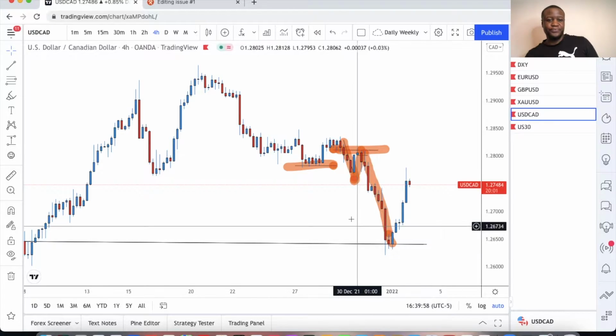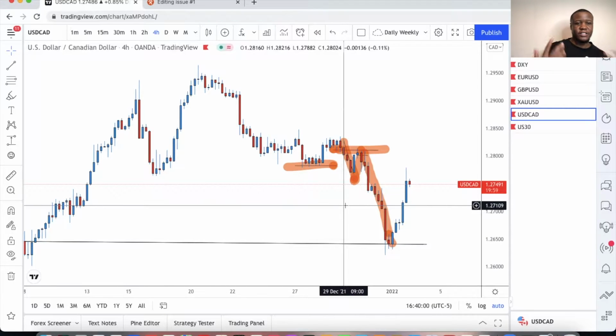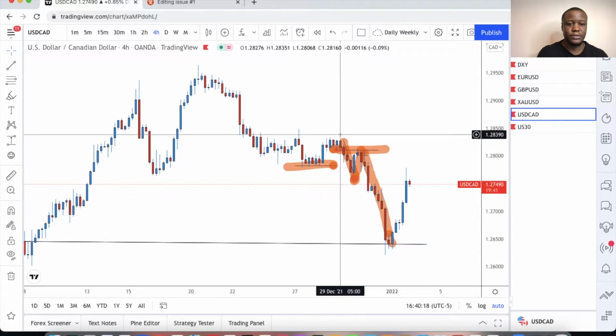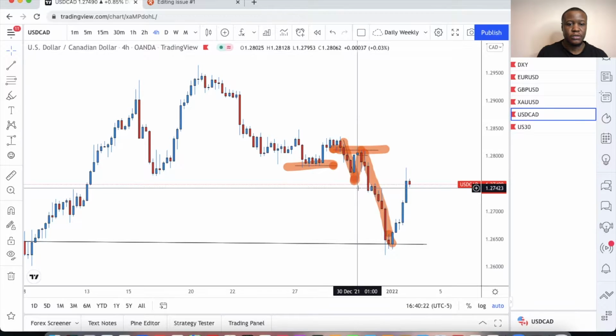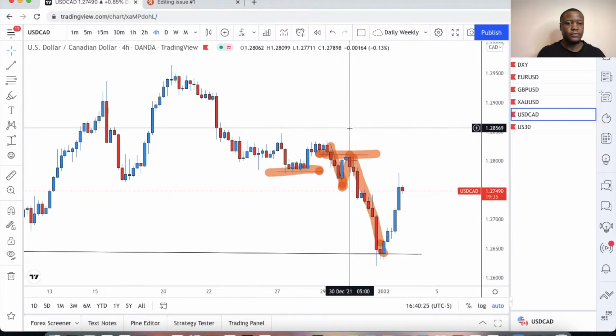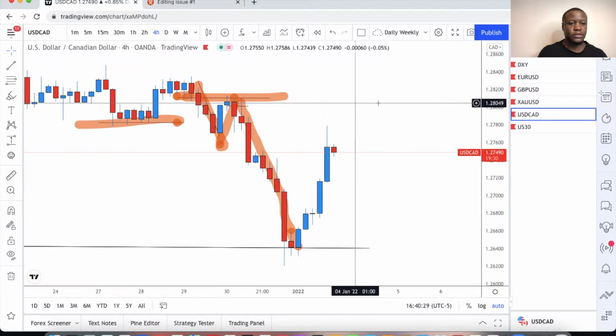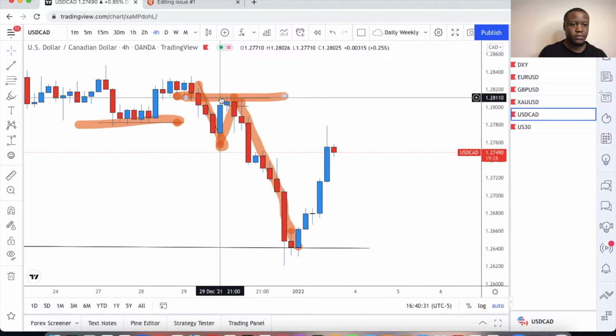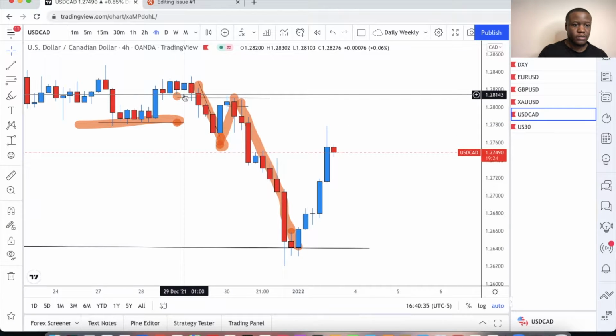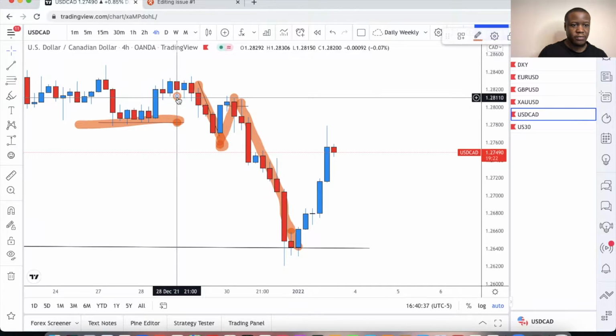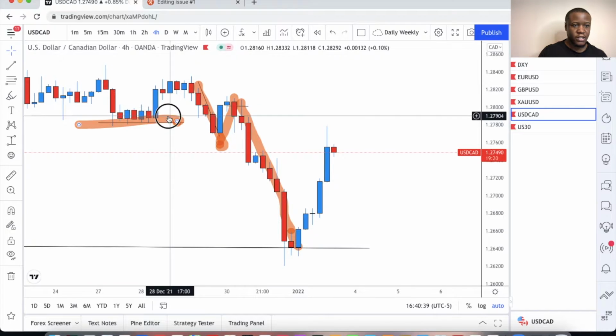Okay, so we're just going to continue where we left off in the last one and get right to it. So you did have this impulsive move, the pullback. What you want to do now, like when we did the buy side, we're going to do the same thing for the sell side.